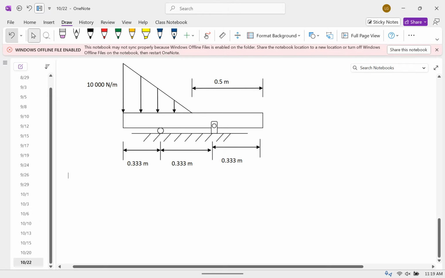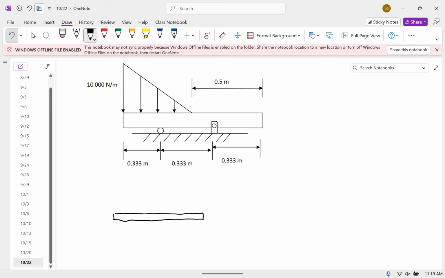All right, so the free body diagram looks like this. We have a force vector here, I'll call that RB, and then a force with a known direction here, I'll call that RA.